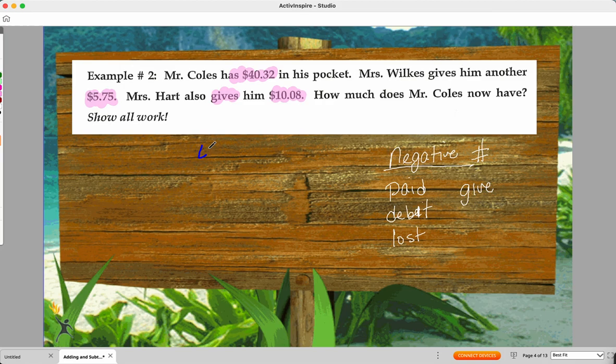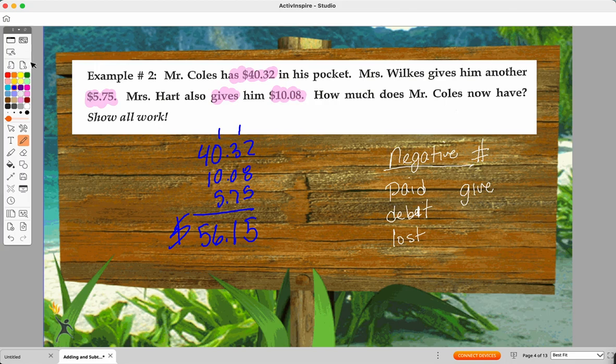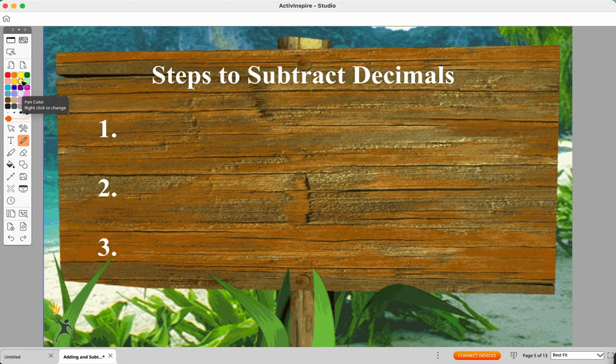You'd end up getting $40.32 plus $10.08 plus $5.75. So you get 15, carry the 1. That's 10, 11, carry the 1. 6, $56.15.